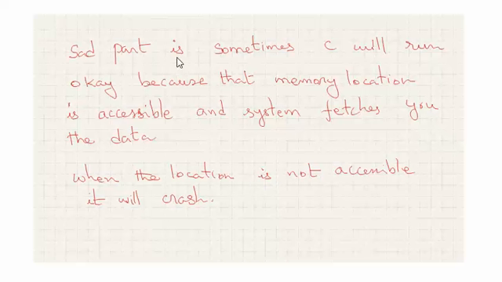The sad part is sometimes C will run okay because that memory location is accessible, and the system fetches you the data. When the location is not accessible, it will crash, depending upon the system.